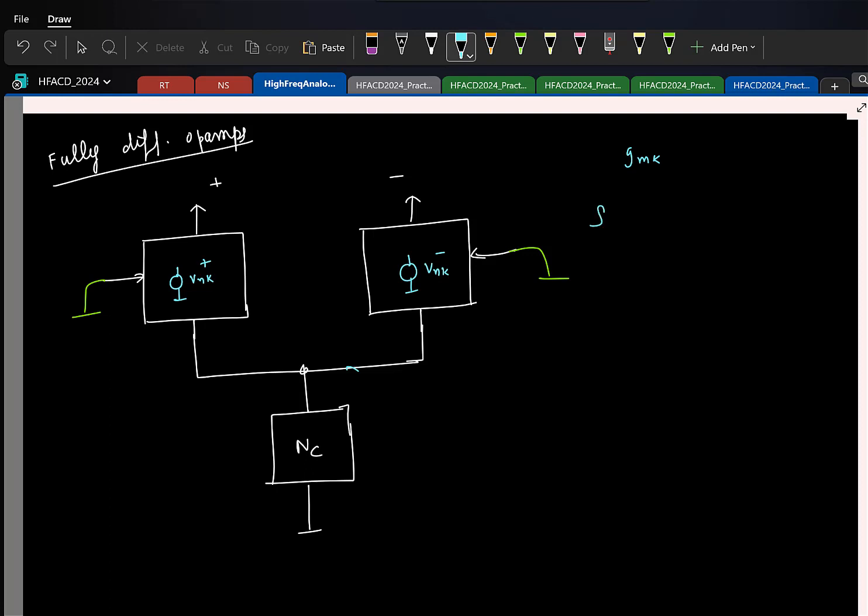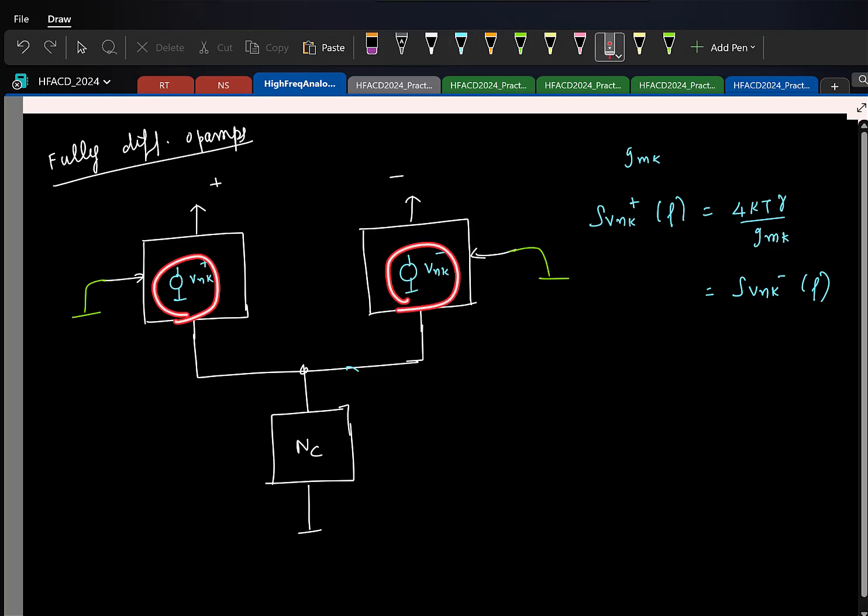If that is the case, what can you say about SVNK plus? That is the voltage power spectral density of that MOSFET. What will that be? 4kT gamma by gmK, right? Even on the other side, the transistor has the same gm, so that will also have the same power spectral density.